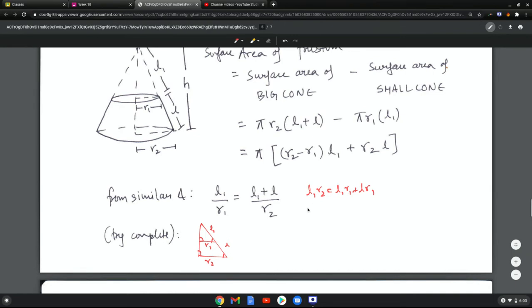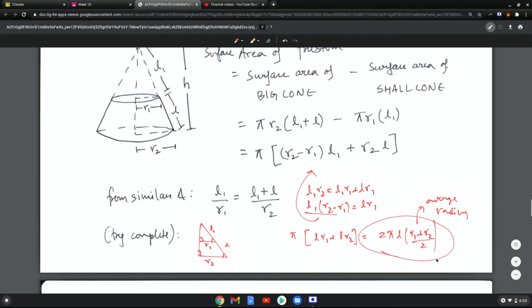That gives me L1 (R2 minus R1) is L R1. I can sub that in here to get pi times (L R1 plus L R2), and I do the averaging trick, multiply by 2 and divide by 2. I call this the average radius. So that is going to be the area of our frustum.